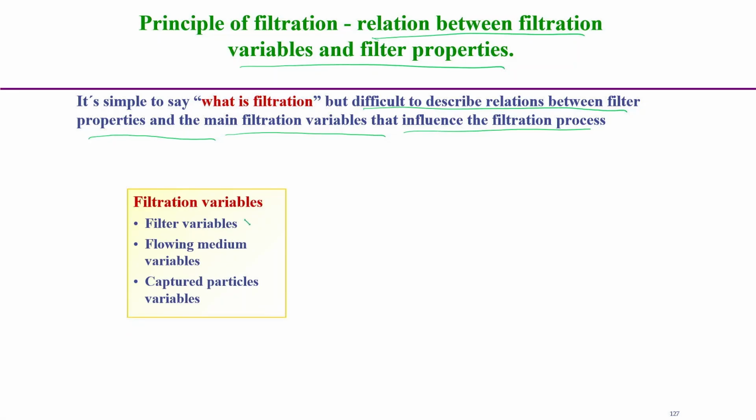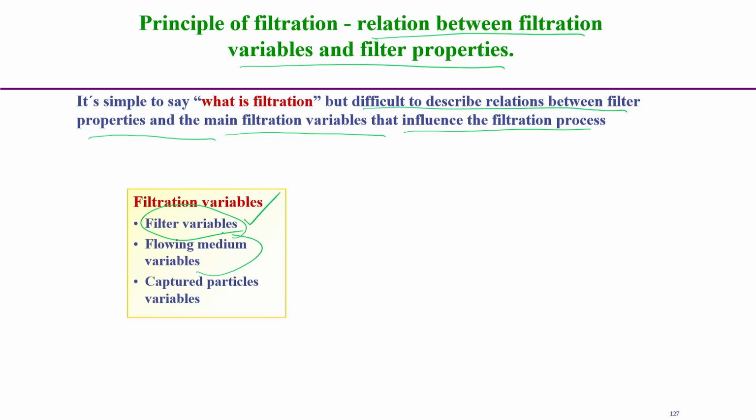One is the filter variable: we can get the mass per unit area, the thickness, the fiber diameter, all the parameters related to the filter fabric. Those variables influence the filtration efficiency.